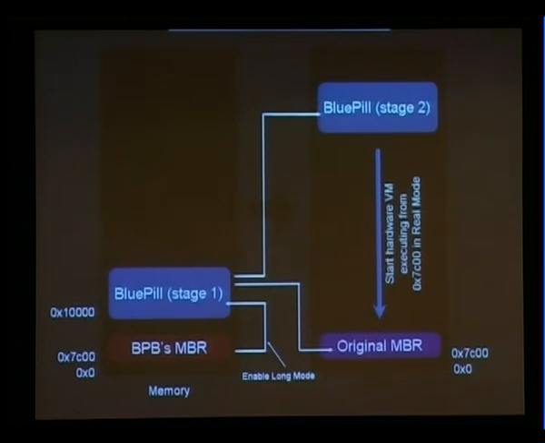But it exists only in theory right now. It has not been implemented in Bluepill. But if you take Xen as an example, Xen implements this V86 mode emulation quite well.